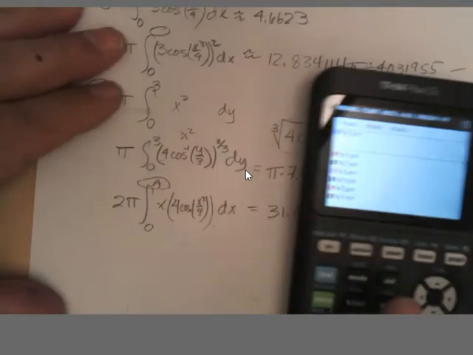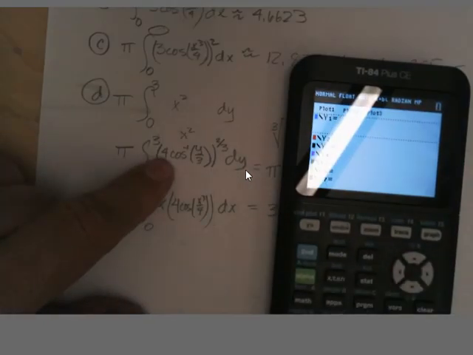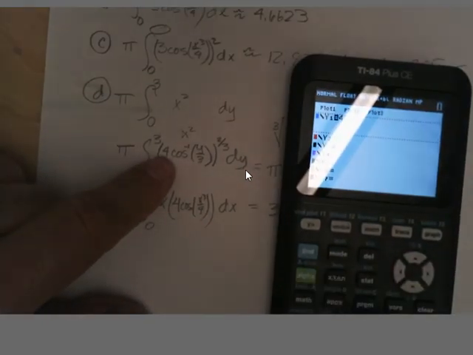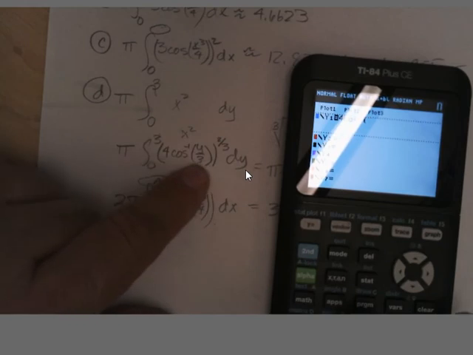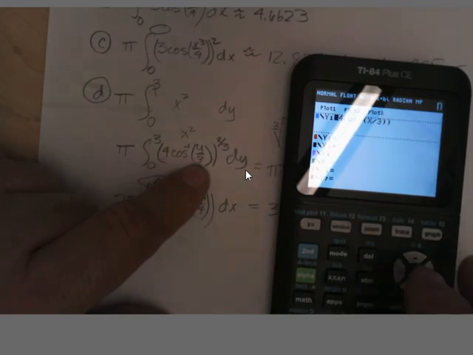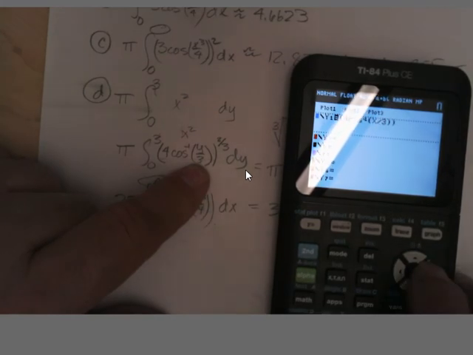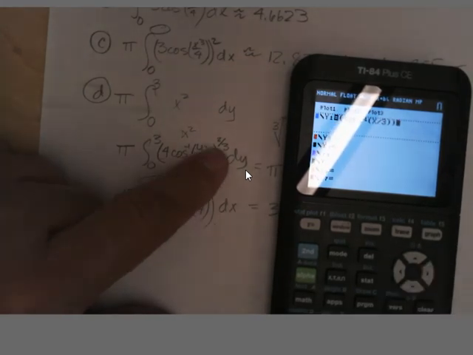Clear. 4 cosine inverse of x divided by 3, close parenthesis. All of this, so I got to go back and put a parenthesis at the beginning. Second, insert a parenthesis. All of this to the power 2 divided by 3.